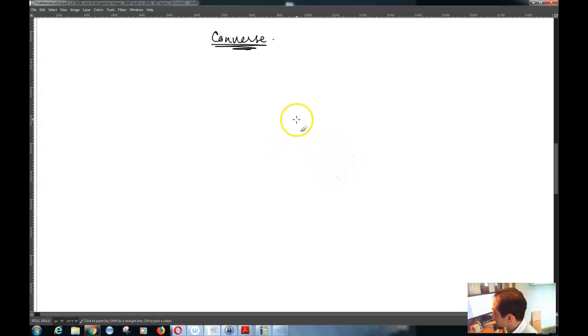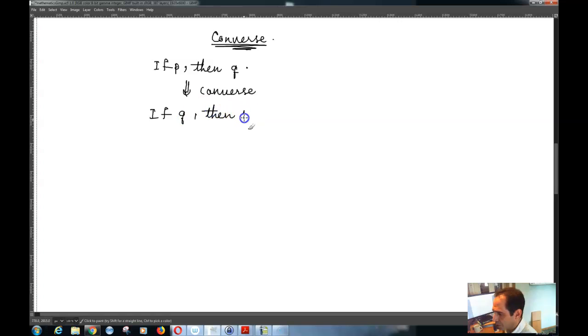So the converse of a given statement, if P then Q, is if Q then P. So if you have if P then Q, then the converse of that would be if Q then P.